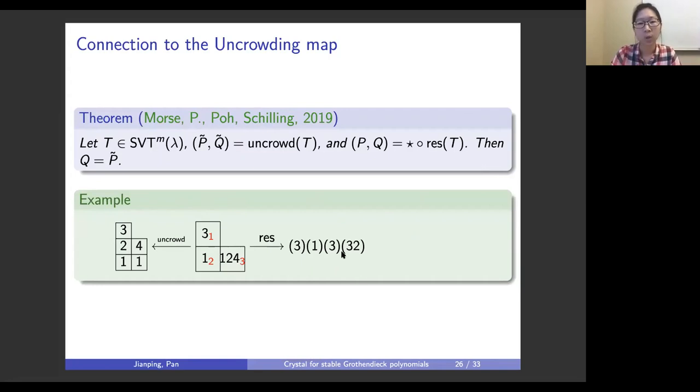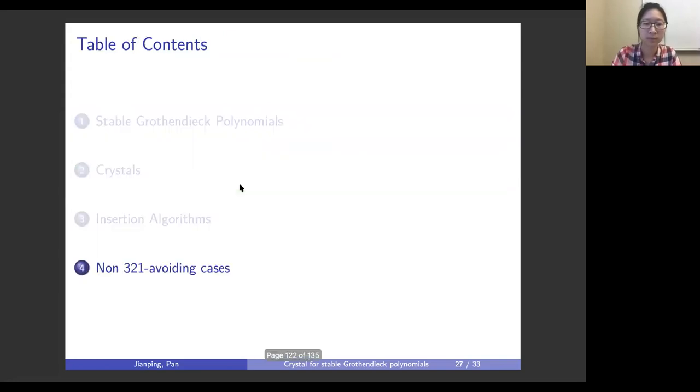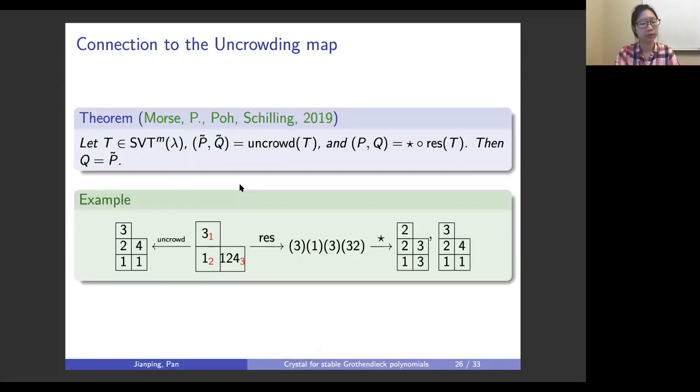And there, we can perform our star insertion and get a pair of tableaux. And it turned out that the recording tableau is always the same as the result of the uncrowding map. So like we have our object with the residue map and star insertion, our crystal, it just turned out to have a lot of interesting relations to things that are already known.